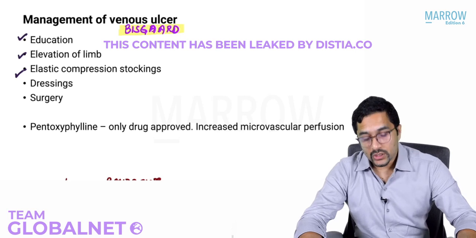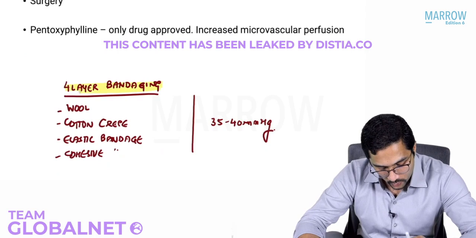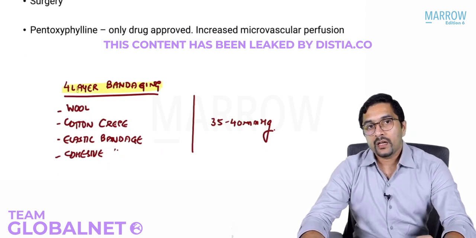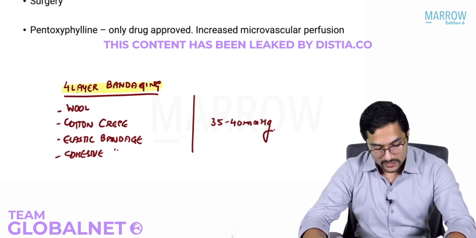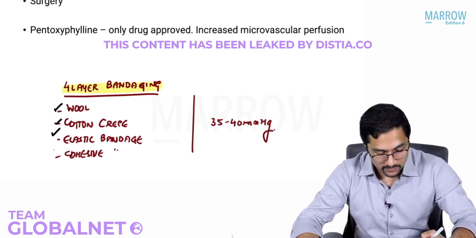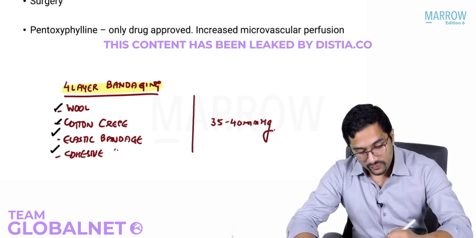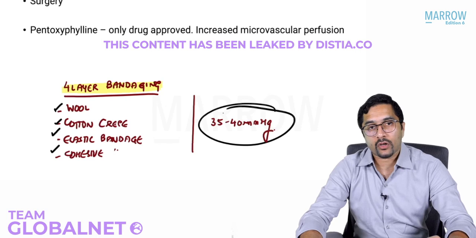Elastic compression stockings. And for elastic compression, we classically use the 4-layer bandaging technique for varicose ulcers, where the first layer is wool, then you have a cotton crepe, then elastic bandage, then cohesive bandage, and you want to get a pressure of 35 to 40 millimeters of mercury.